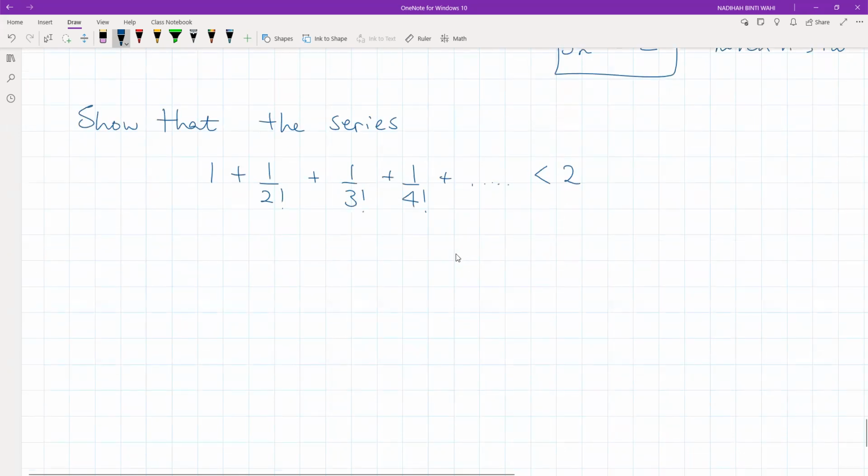So yang ni nampak mudah je lah kan, sebab kalau awak tengok kat sini, the first term is 1 over, let's use red marker, the first term is just 1 over the first term. The second term is just 1 over 2 factorial. And the third term 1 over 3.